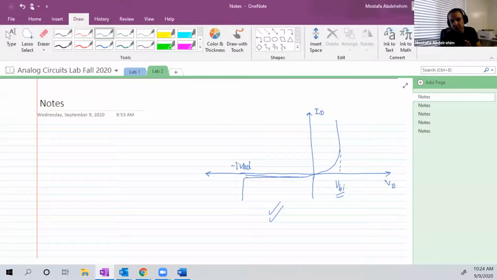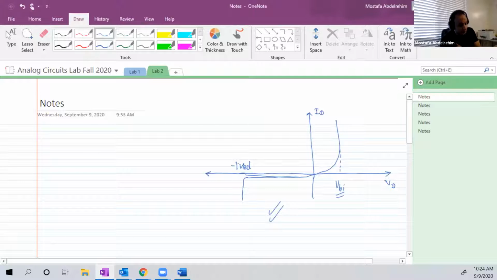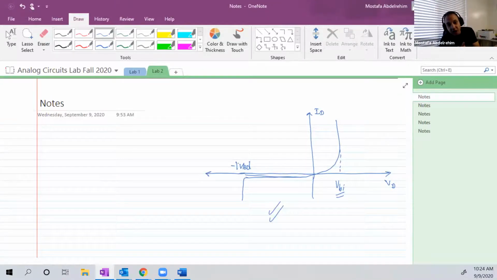Rectifier diodes, and I will explain later in another lecture what is meant by rectifier diodes, usually have very low I naught or saturation current, and also very high VBD, or the breakdown voltage.